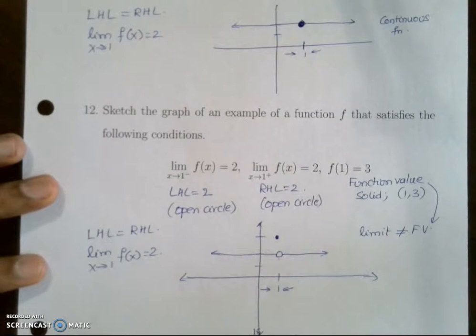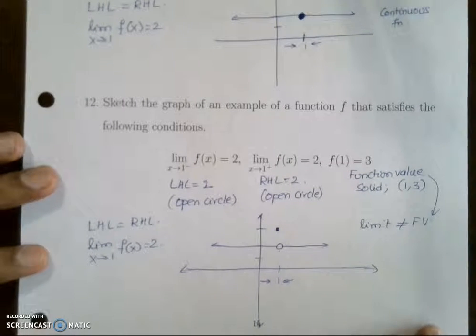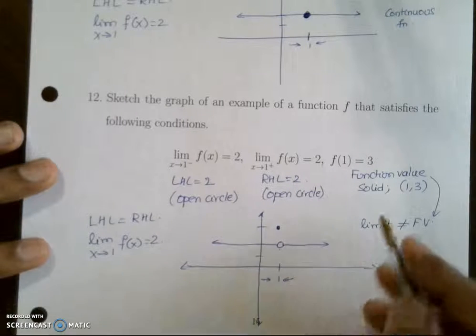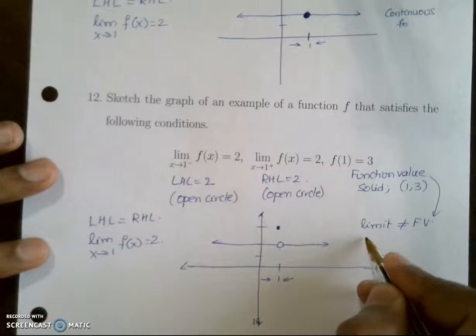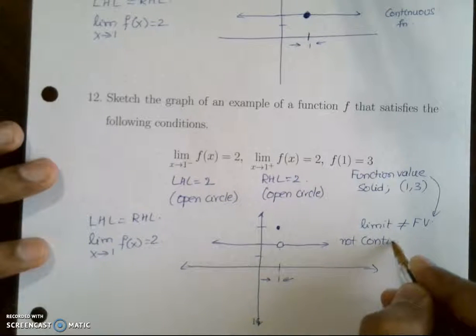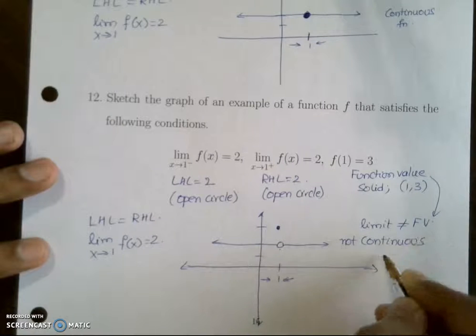This question did not ask us, but I'm just trying to say more about it, because we are right there, and it will be useful in the future as well. The limit is not equal to the function value, hence this function is not continuous at 1.